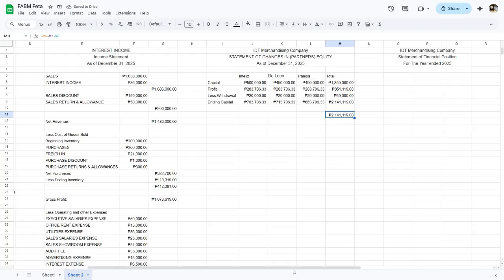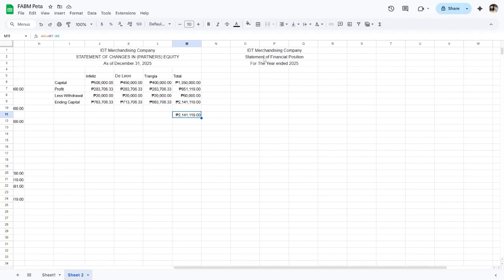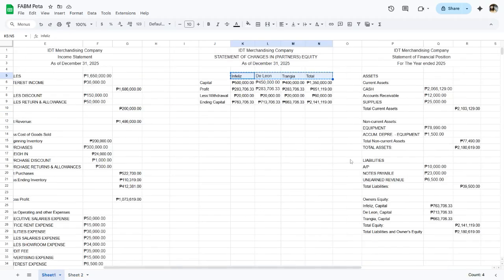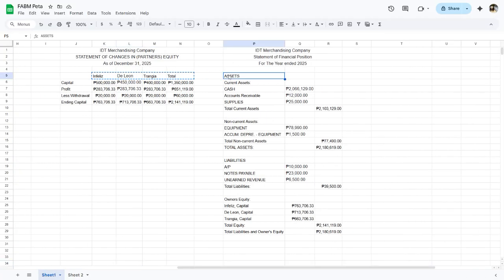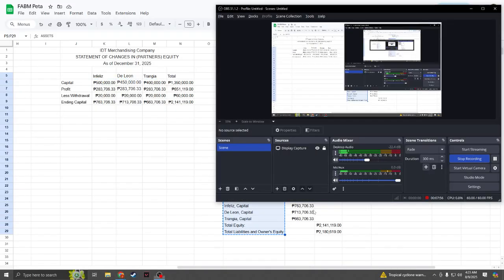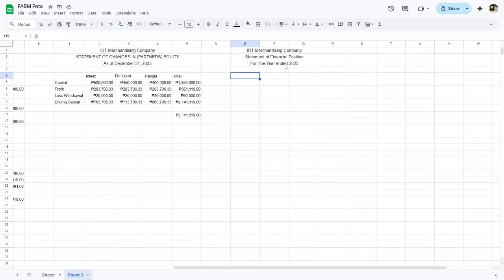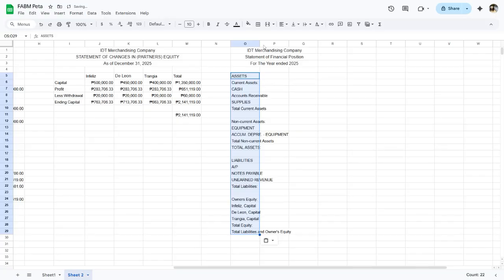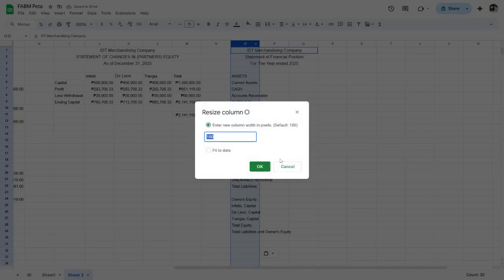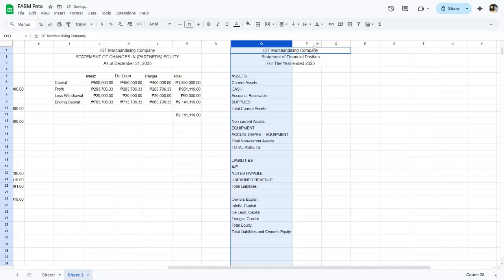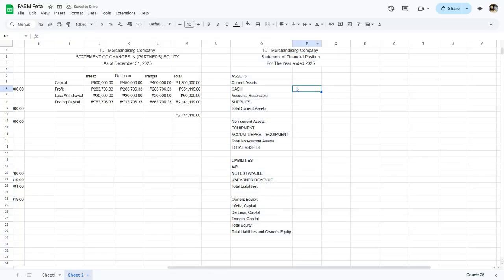So let's proceed to the balance sheet, the statement of financial position for the year ended 2025. Let's go ahead and copy this, then resize the column just to fit the data. Right.